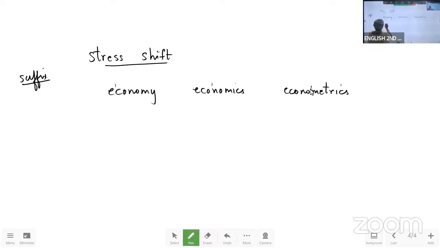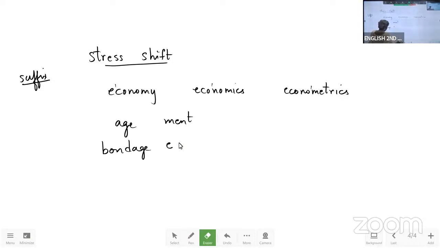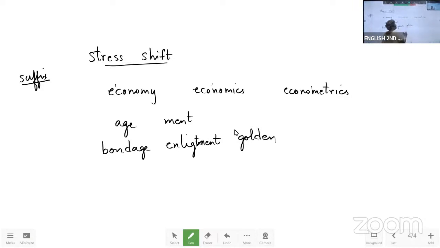Likewise, the endings age and ment do not change the stress. Though these are also suffixes, like bondage, enlightenment, golden, though the root is gold, you change it to golden, and it still remains on the first syllable.